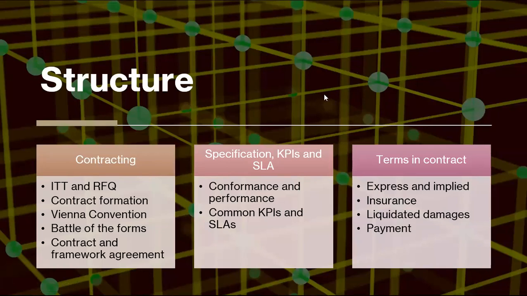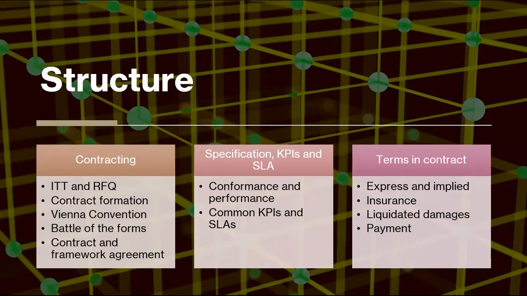First, I want to introduce the structure of L4M3. As you know, it has 3 chapters, and each chapter has its own focus. Chapter 1 is about contracting, the formation of contract, and other issues like the types of agreement, like framework agreement or one-off contract.